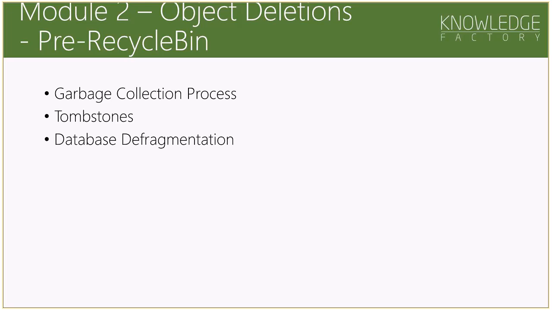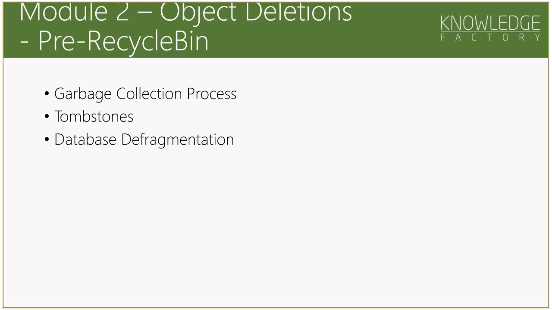So what happens is at regular intervals, objects that are no longer needed by the directory service are deleted as garbage. The garbage collection process deletes the tombstones. It also defragments the database file to compact data and optimize free space. And that is called online defragmentation.